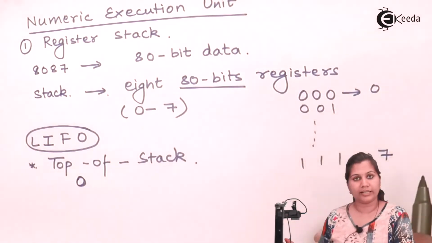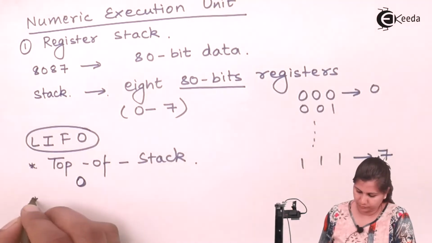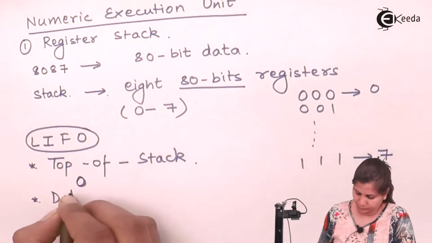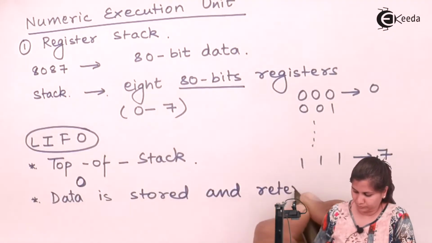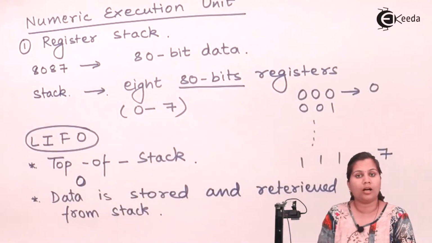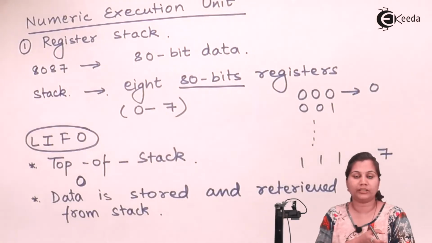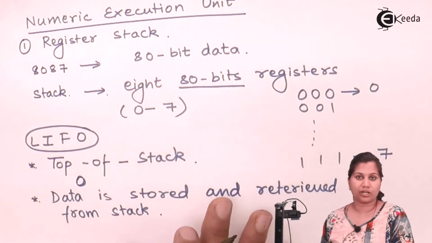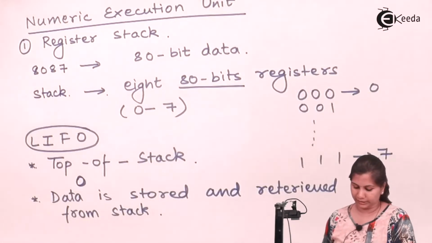From here the data will be stored. Now data is stored and retrieved from the stack just like we do in the 8086 microprocessor. We use the push and the pop instruction. So here also these instructions are used to store and to retrieve the data.